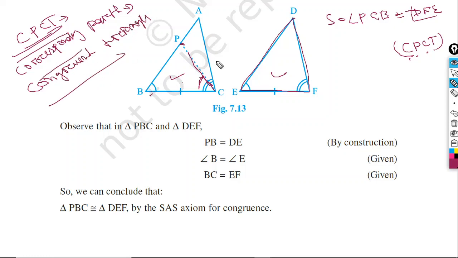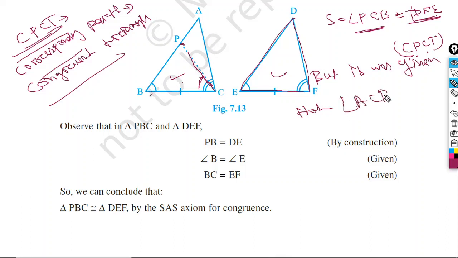So now what you see: angle PCB is equal to angle DFE, but it was given that angle ACB was equal to angle DFE. It was given to us that angle ACB equals angle DFE.